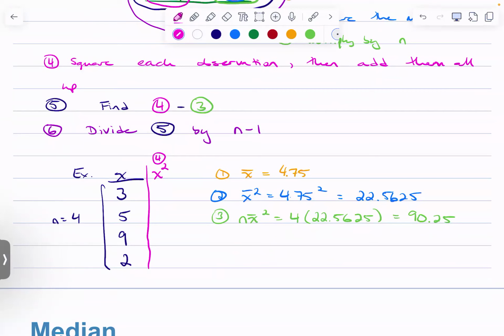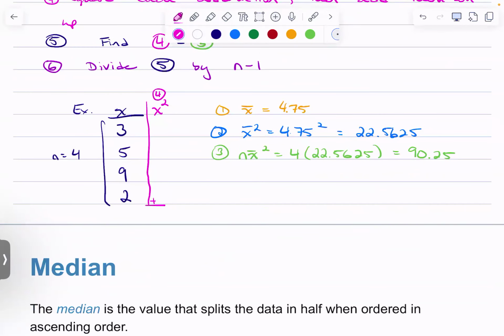Because each value needs to be squared, and then I need to find the sum of all those. 3 squared is 9. 5 squared is 25. 9 squared is 81. 2 squared is 4. If I add these all up, 9 plus 25 plus 81 plus 4, I get 119.